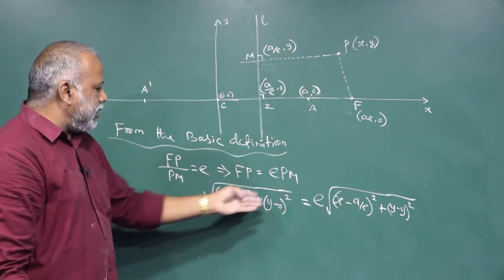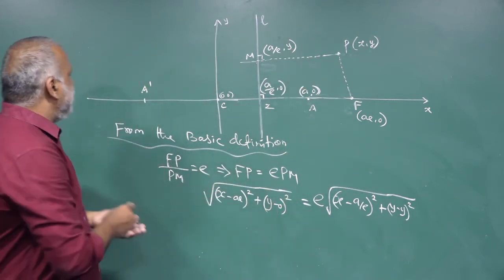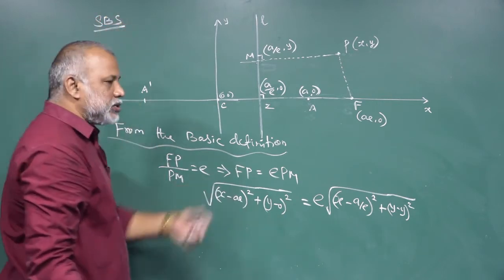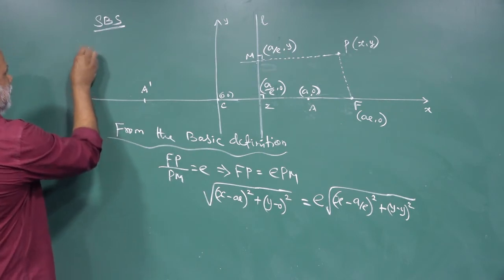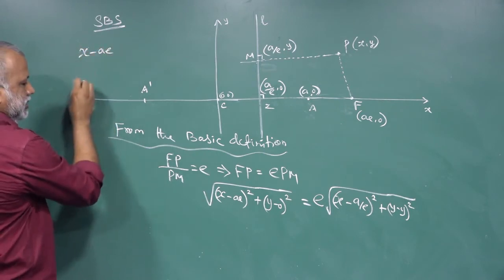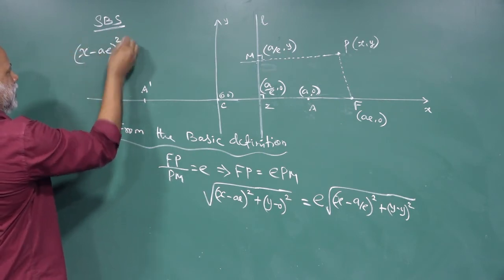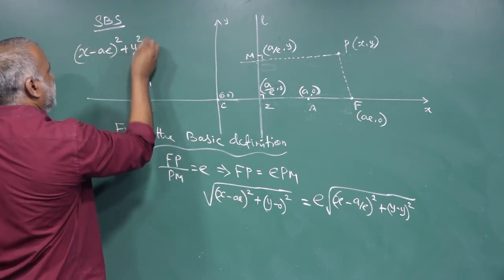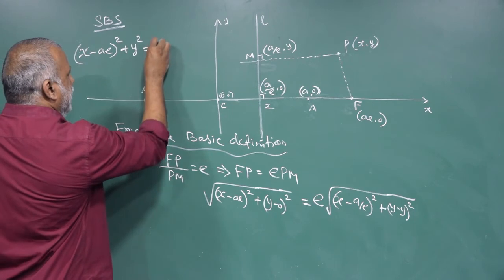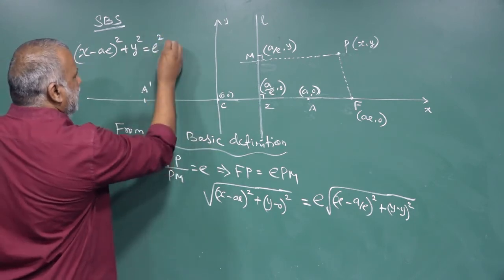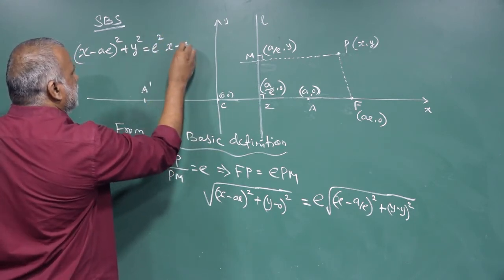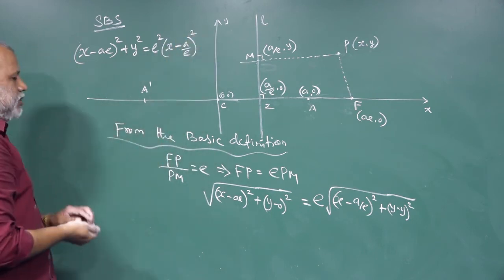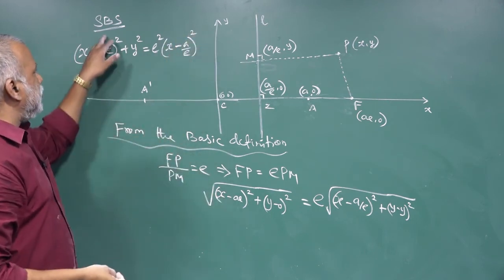Now we want to remove the root, so I can take the squaring on both sides. So now we get (x minus ae) the whole squared plus y squared equals e squared times (x minus a/e) the whole squared.